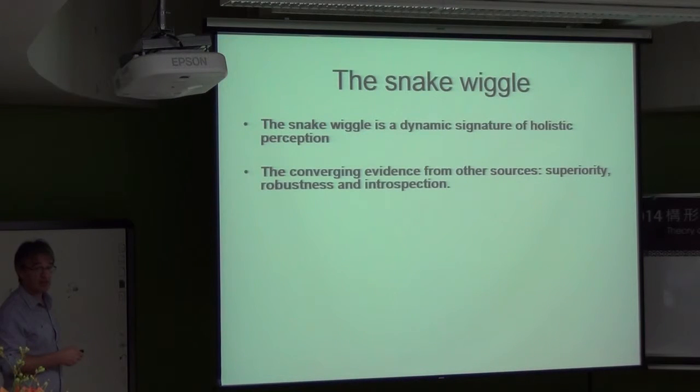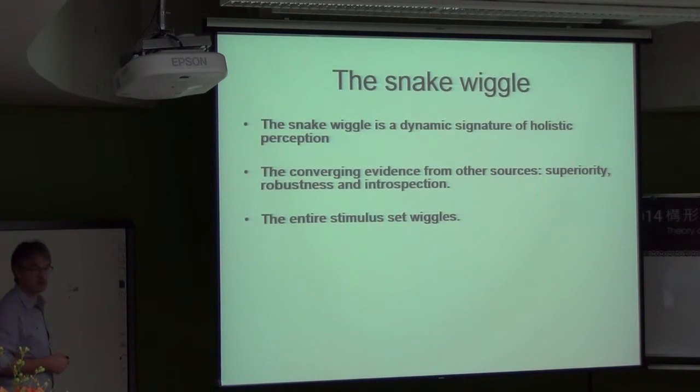We see that this signature is there, and there is converging evidence that this change is a transition from analytic to more holistic processing, through the superiority effect, with robustness across many participants, and maybe robustness in other processes. In introspective terms, too, it indicates that something is going on there.